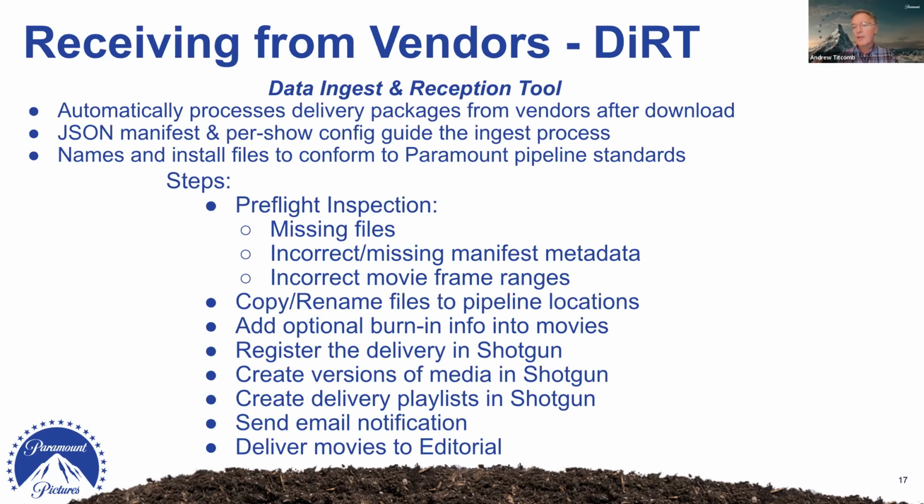A lot of that happens either intentionally on the vendor's side or unintentionally, where even start frames of movies coming in change. So we want to be aware of that and pass that information along, or go back to the vendor and say, we need a fix for that.